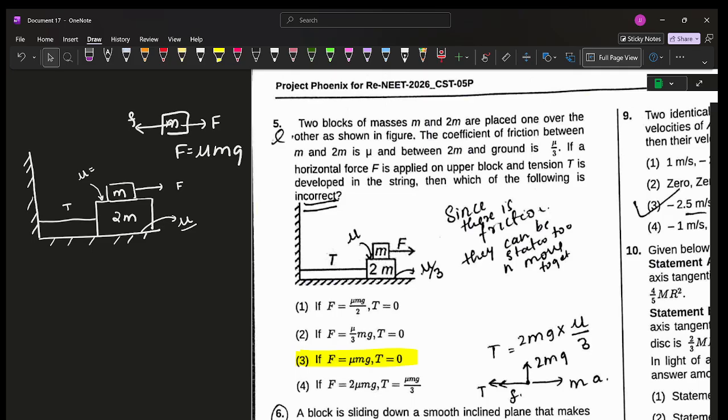For T to be non-zero, friction between the blocks must be needed. There is friction between the blocks, but friction appears only when there is a tendency of relative motion. So if you have to find the maximum static friction, it is mu mg. And how did you find that mu mg? I don't understand. But I then understood like friction can be from 0 to mu mg, so the force should also be from 0 to mu mg. I don't know, something like that. Could you just teach me? I'm just a bit more confused.